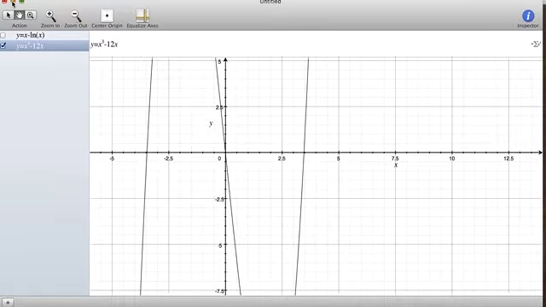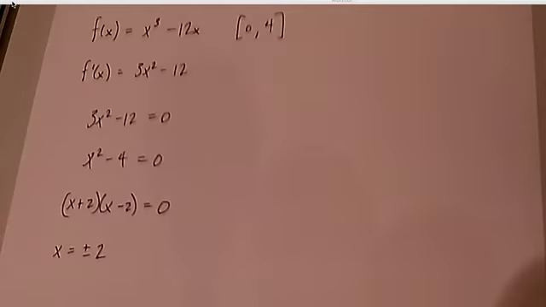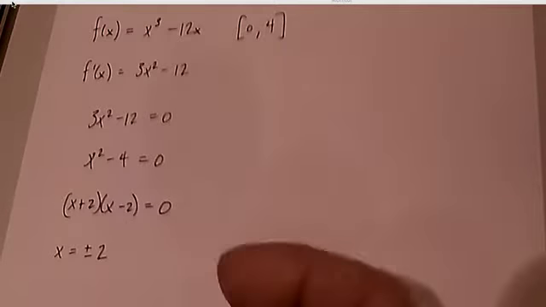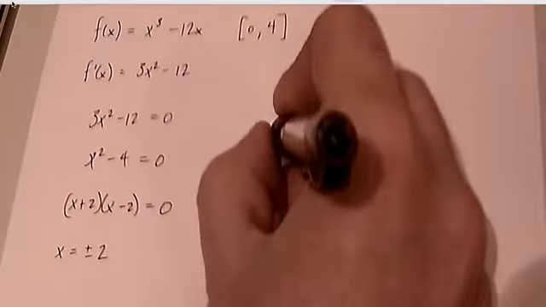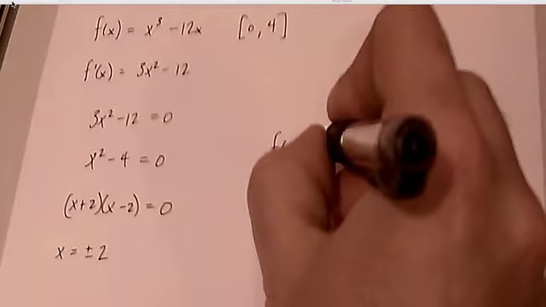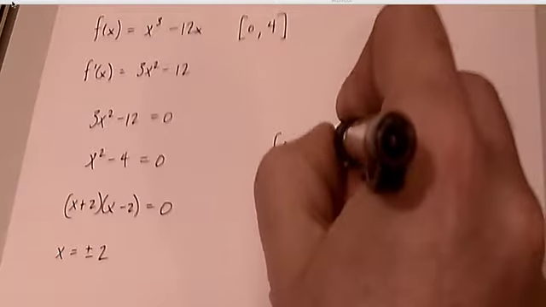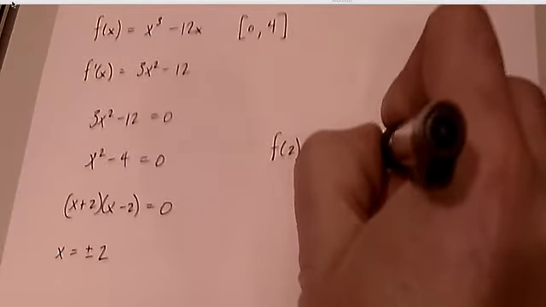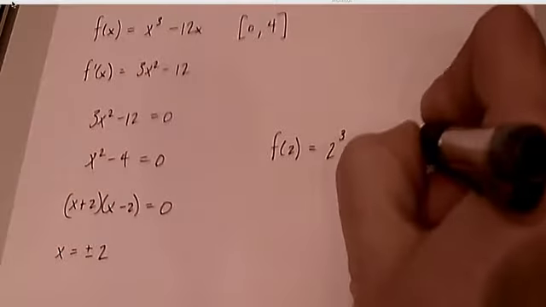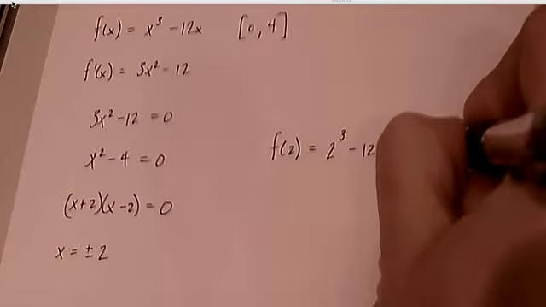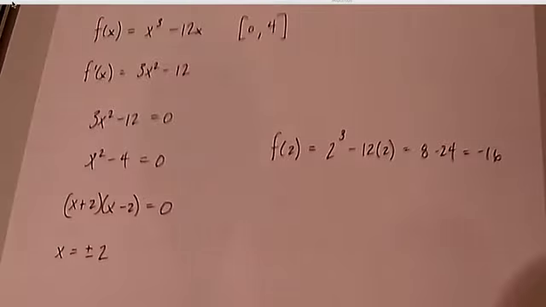Instead of doing a sign chart, what you need to do is evaluate the function at any critical value. So f of 2 is 2 cubed minus 12 times 2, and that winds up being 8 minus 24, or negative 16.